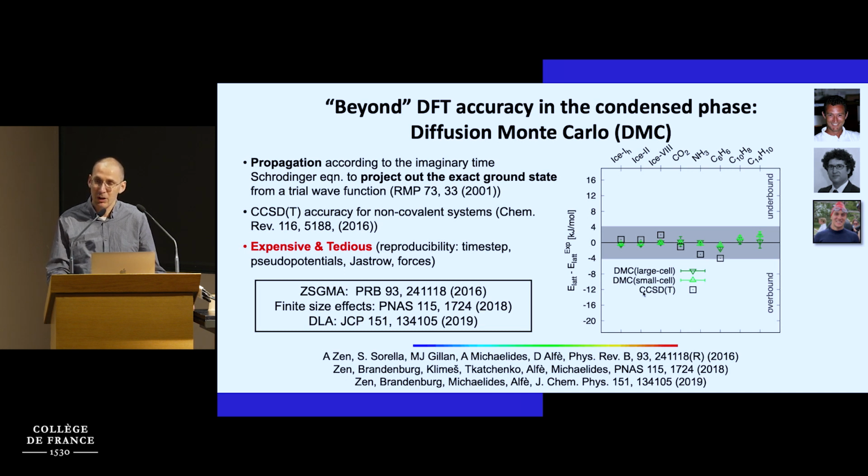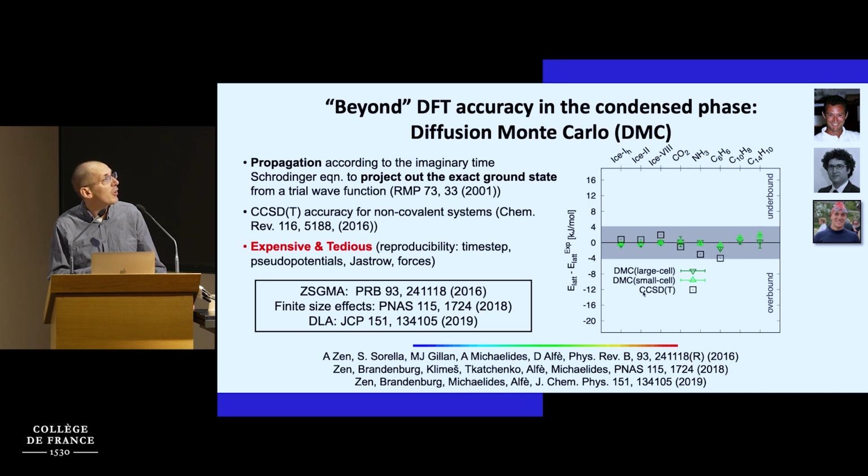Quantum Monte Carlo has seen a lot of developments over the last couple of decades. In particular, it's now possible, and that's thanks to work from a former colleague of mine, Dario Alfe and Andrea Zen, to do demonstrably reliable quantum Monte Carlo simulations for large condensed phase systems.